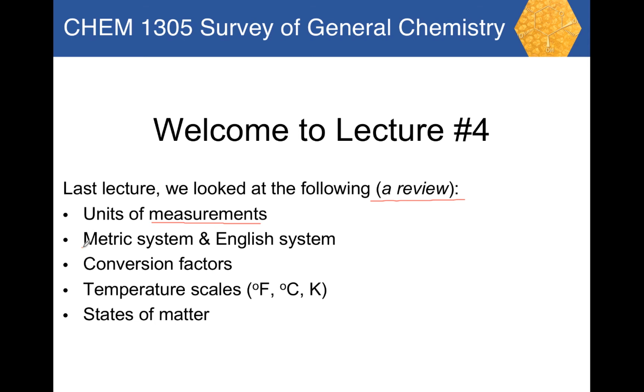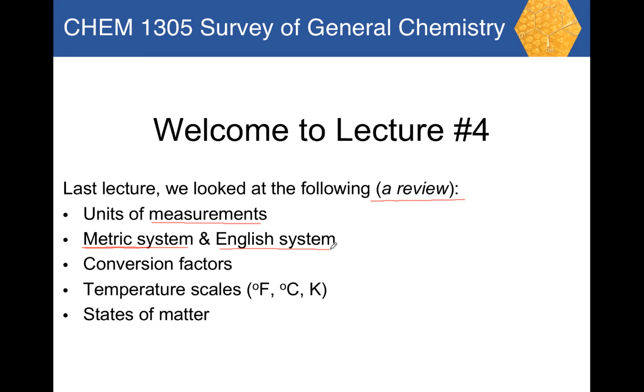We also mentioned that there are 2 systems that are used to measure quantities in chemistry and science, and one is the metric system and the other is the English system. We are very familiar with the English system because that is mostly used in the US.